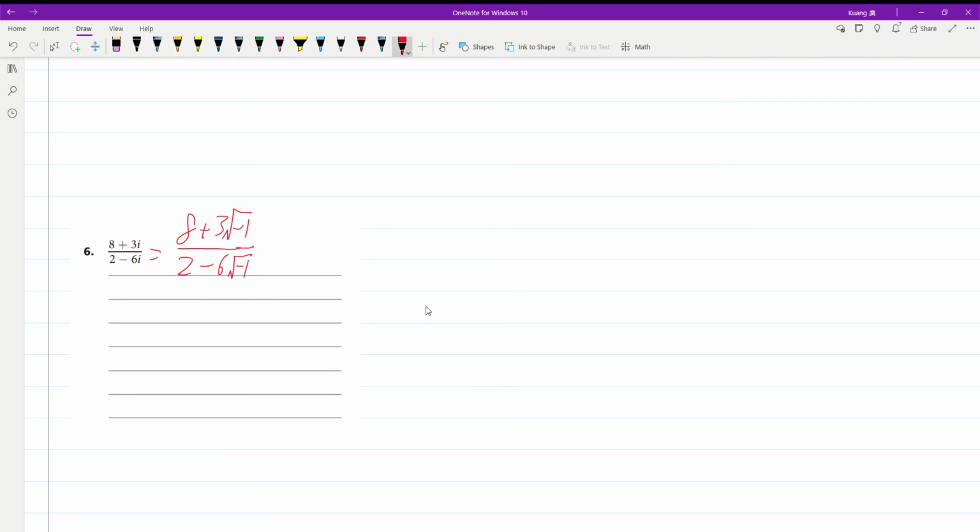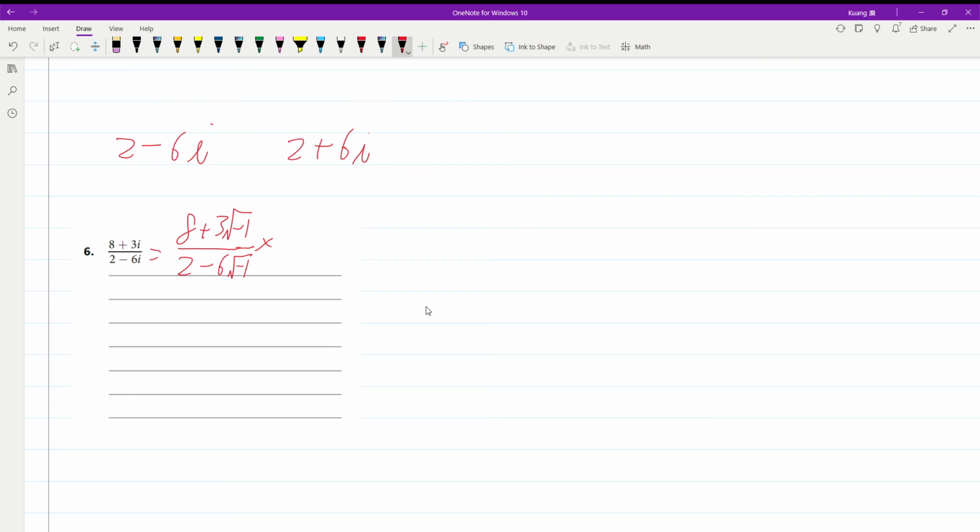But I cannot just multiply by the square root of negative 1. It will not remove everything. The denominator will still be an irrational number. So I have to multiply by the conjugate of the denominator. What is the conjugate of this number? The conjugate of 2 minus 6i is 2 plus 6i. You just change the sign of the imaginary part.